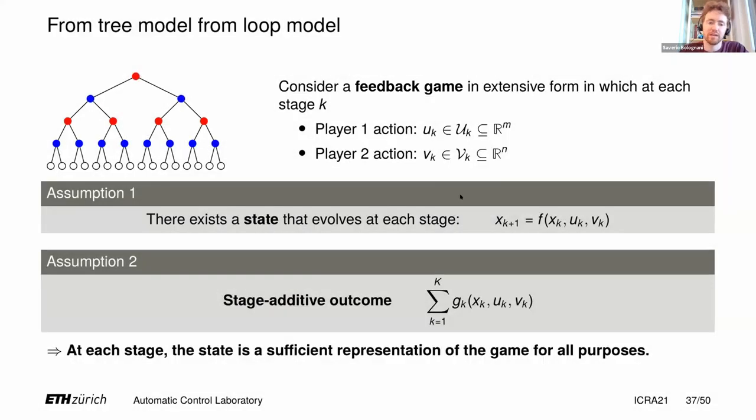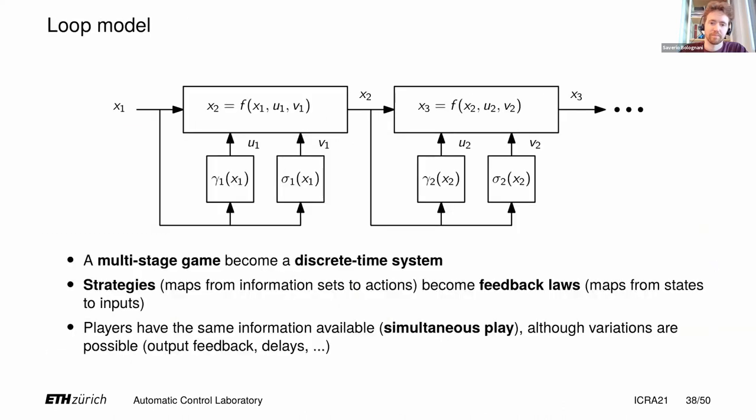But it's really common when the state represents positions, velocities, things that are really close to us. The representation is also slightly different in this case, right? So now this is a representation much closer to control theory than to game theory. You have a state. You have the next state, x2, which is a function of x1, u1, and v1.